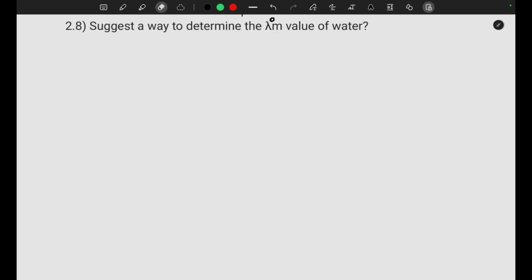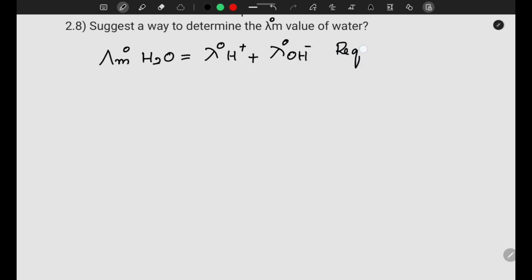Suggest a way to determine the limiting molar conductivity of water. According to Kohlrausch's law, the limiting molar conductivity is the sum of the individual contributions of cations and anions. So lambda m0 H2O is equal to lambda 0 H+ plus lambda 0 OH-. This is our required equation.